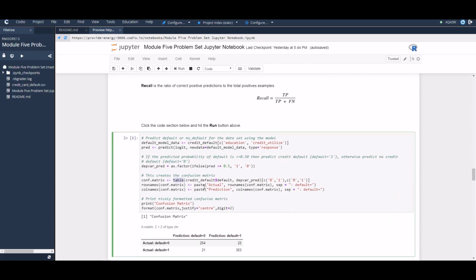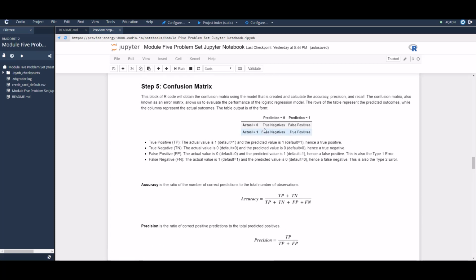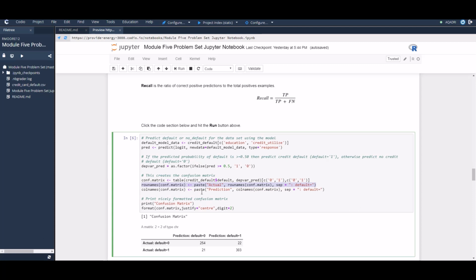And in the next step, for the rows, we would paste the actual. That would be the name of the rows, because just like the confusion matrix shows you here, the rows represent the actual data points, and the columns represent the predictions.